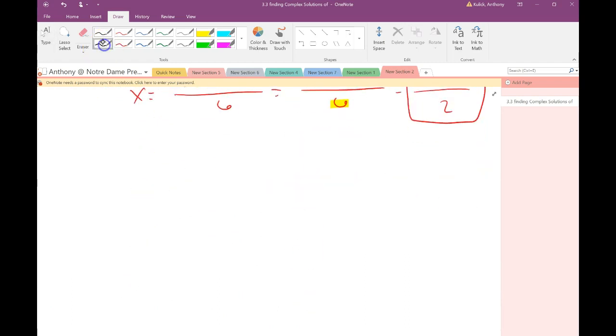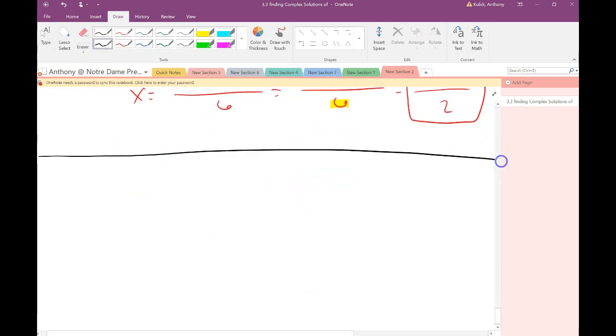So let's do another example before we call it a wrap. Let's say that we have x squared plus 8x plus 12 equals 2x.